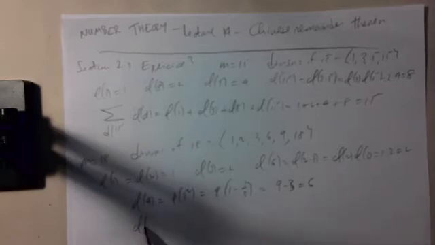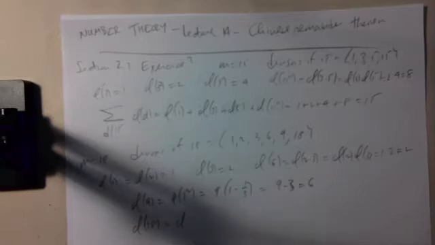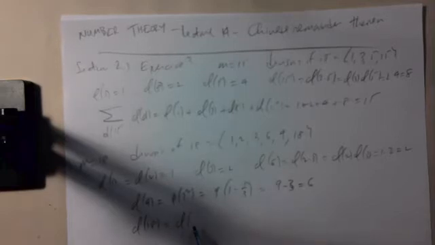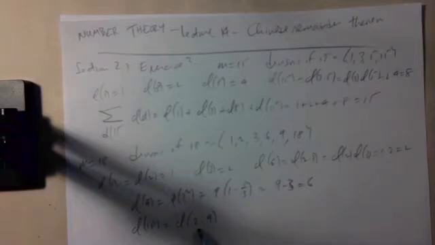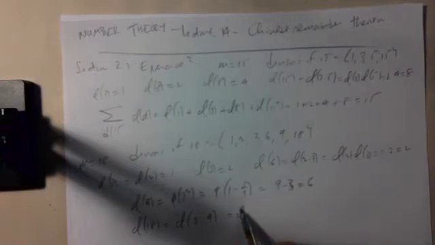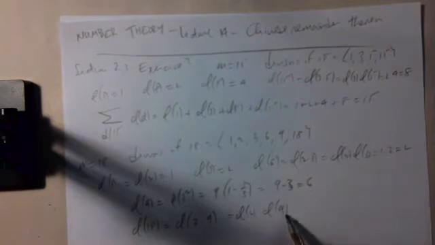And phi of 18. 18 factors into 3 times 6, but 3 and 6 are not relatively prime. And if we want to use multiplicativity, we want to factor 18 into a product of 2 numbers that are relatively prime to each other, like 2 and 9. So phi of 18 is phi of 2 times 9, phi of 2 times phi of 9. Phi of 2 is 1. Phi of 9 is 6.